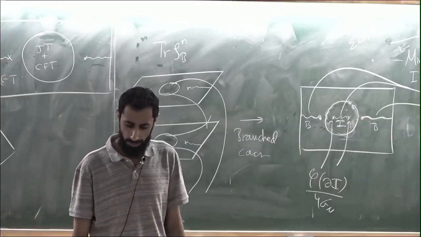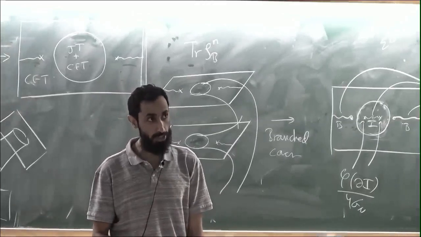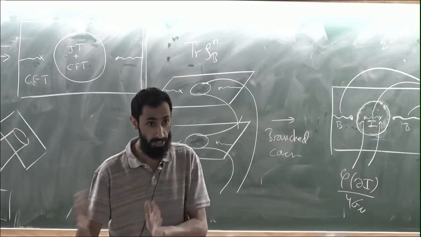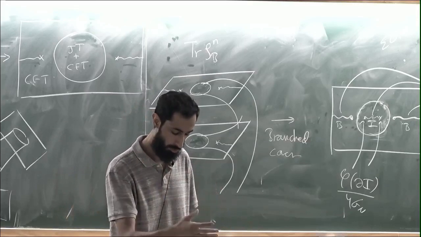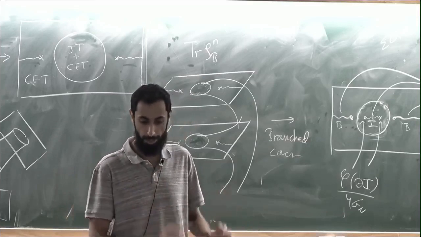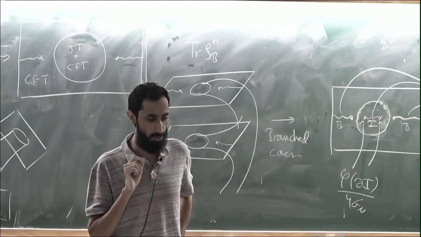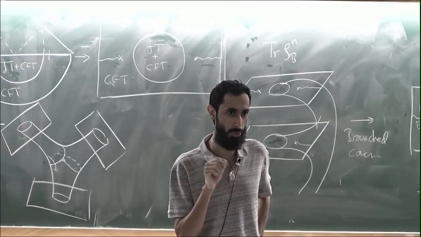Let me say one point. In JT, to completely justify this calculation, one first needs to do it for integer n, show that you have saddles, and then continue n goes to 1. Even in JT gravity, we can only solve it for n equals 2 and maybe 3 max.